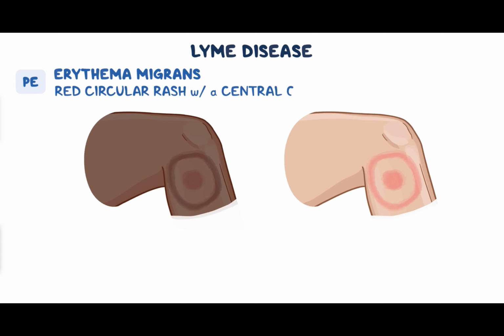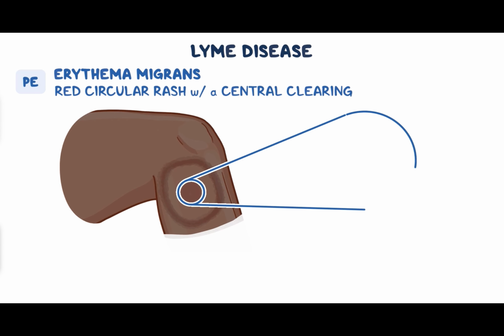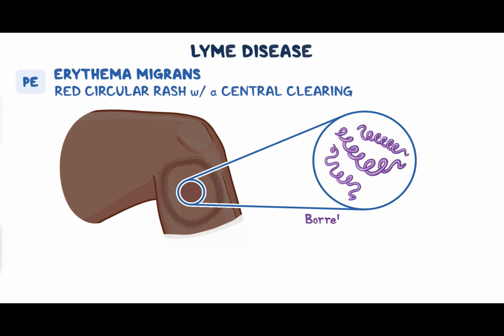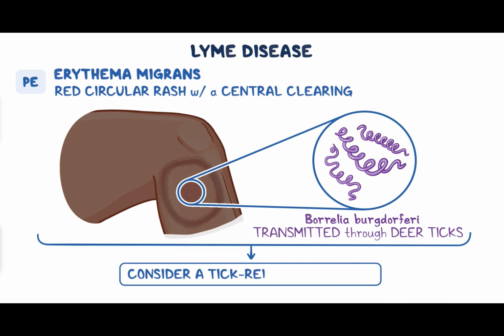On exam, you will likely see the characteristic erythema migrans, which is a red, circular rash with a central clearing resembling a bullseye. Now, erythema migrans is caused by the bacteria Borrelia burgdorferi, which is transmitted through deer ticks. So these findings should lead you to consider a tick-related infection.